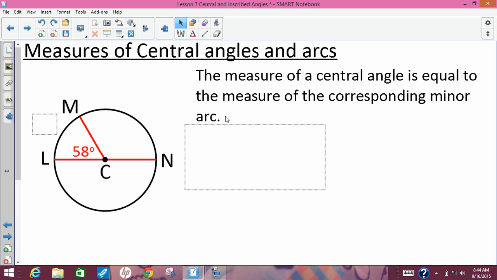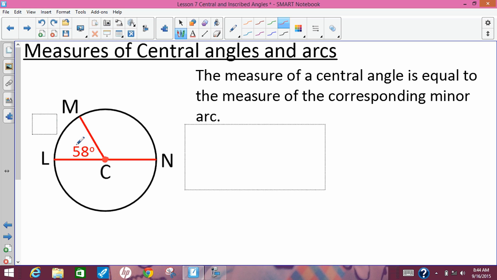So a central angle is an angle that has its vertex at the center of the circle. So here, center C is the vertex of several angles inside this circle, and they're all central angles. And the thing that's nice is that a central angle has the same measure as the arc that it corresponds to.